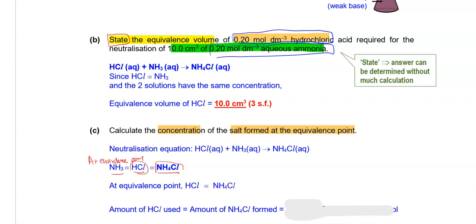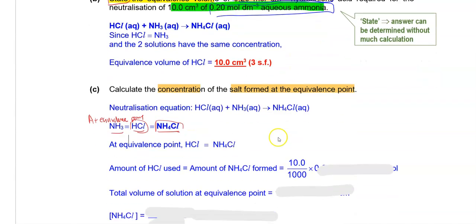So the number of moles of HCl used at equivalence point is 10 cm³ as calculated in B, multiplied by the concentration of HCl. So volume of HCl multiplied by concentration of HCl will give you the number of moles of HCl, which is the same as the number of moles of NH4Cl.